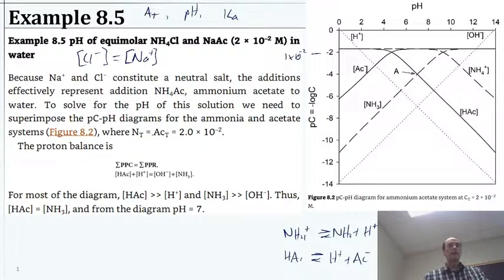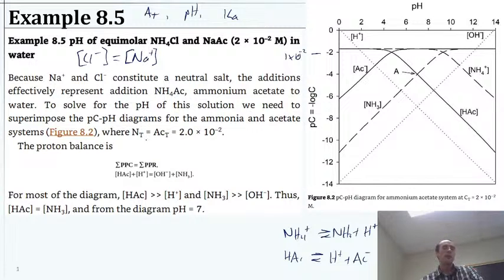So we could say to get H plus, we have to release an OH minus, so we have H plus on the left, and to get an HAc, we had to also kind of release an OH minus from water to grab that proton. So those two are on the left. Likewise, the NH3 and the OH minus are on the right.